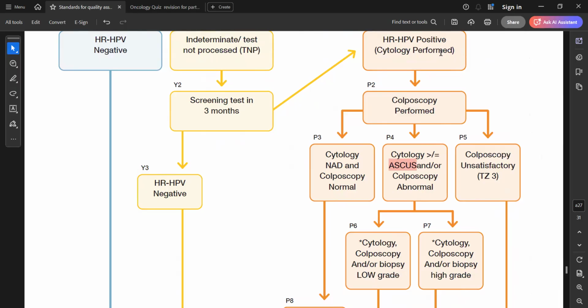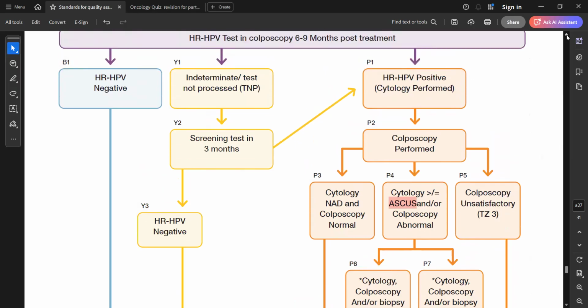So your homework is going to be: in what situations I'm going to recall this woman after 1 year, in what situation I'm going to recall her in 3 years, 5 years, 6 months, and there are very specific cases where we recall them in 3 months.